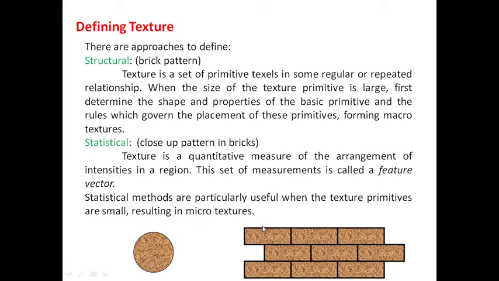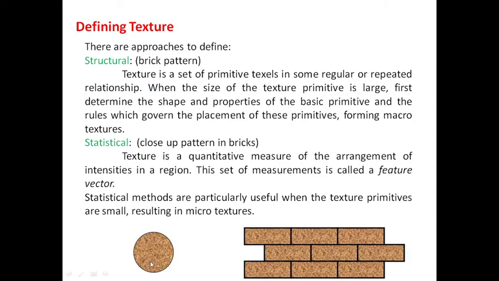That means I need to take one brick into consideration, and once I go deep into the brick, I will get a statistical texture. It is the arrangement of intensities in this region, in this texture: how the texels are arranged, and what the intensities of the texels are.